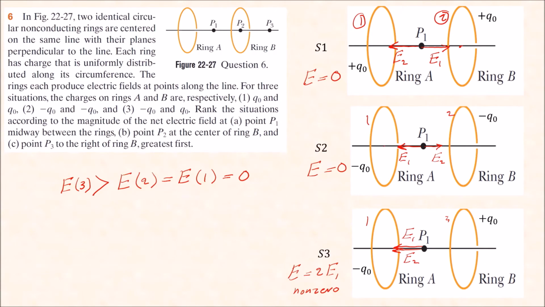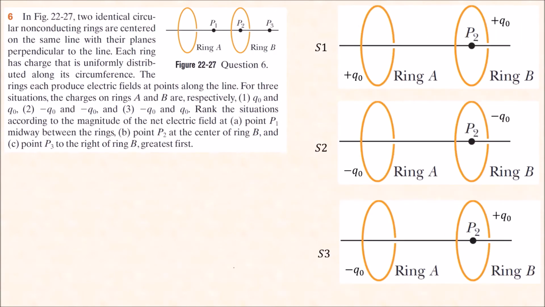What about part B? Wouldn't they all have the same magnitude? Because the second ring is always going to be 0. That's right, yes, at the center. Very good. You know that the electric field for the ring is KQZ divided by (R squared plus Z squared) to the power 3/2, at the distance Z from the center.